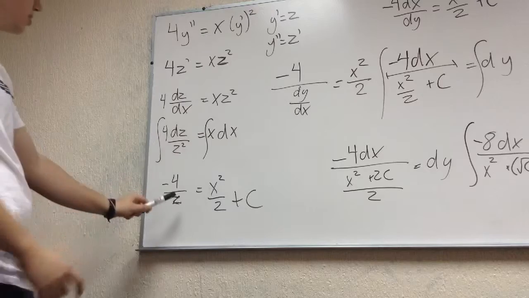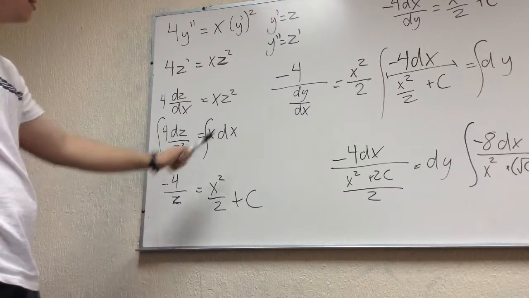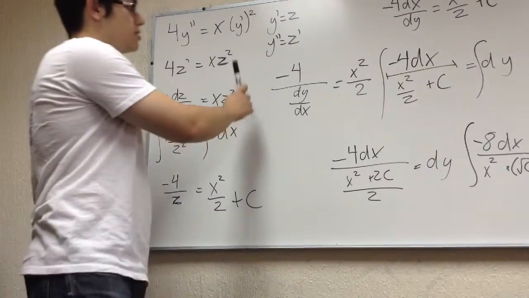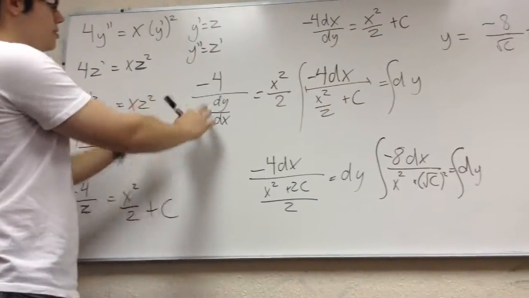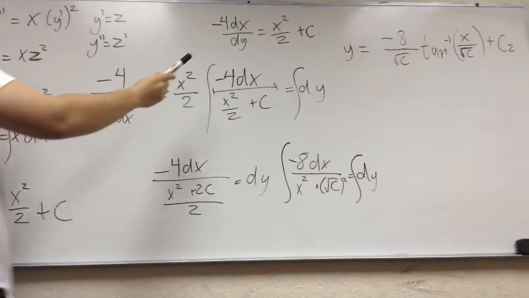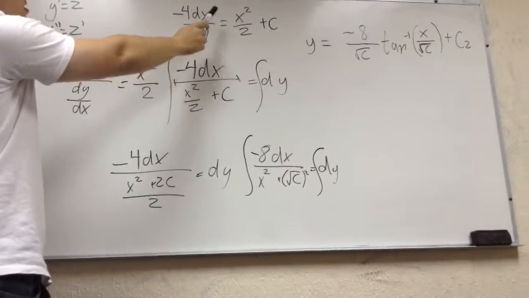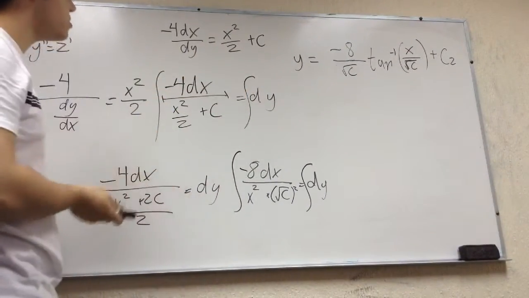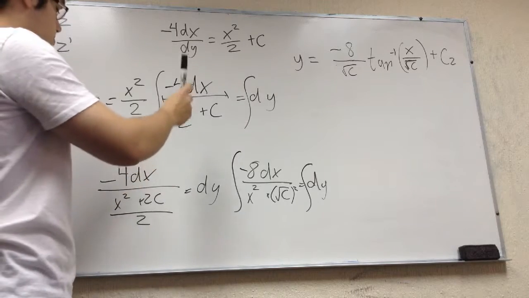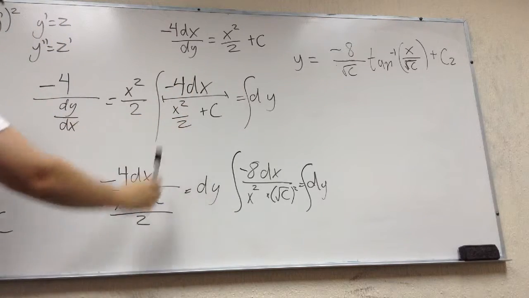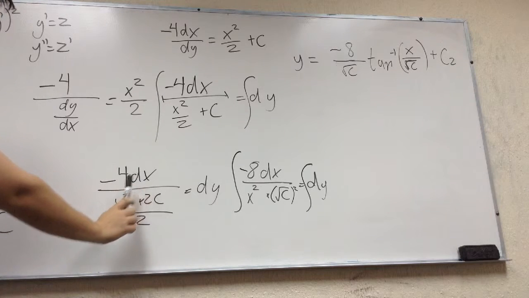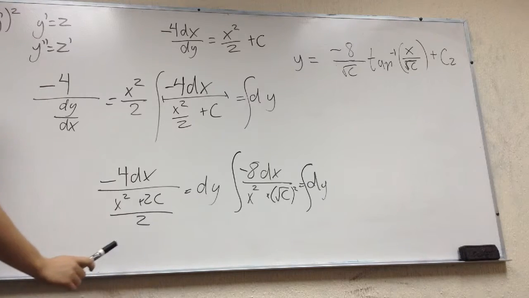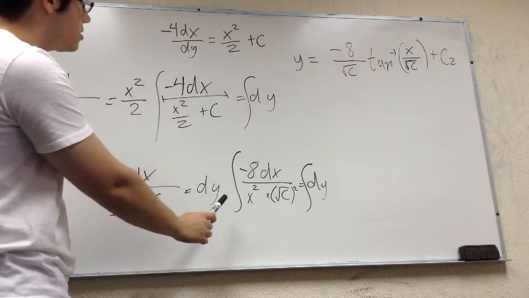We then replace z by dy over dx, and if we change this, we finally get minus 4 dx over dy equals x squared over 2 plus c. Then we change this to be minus 4 dx over x squared plus 2c over 2, which equals dy.